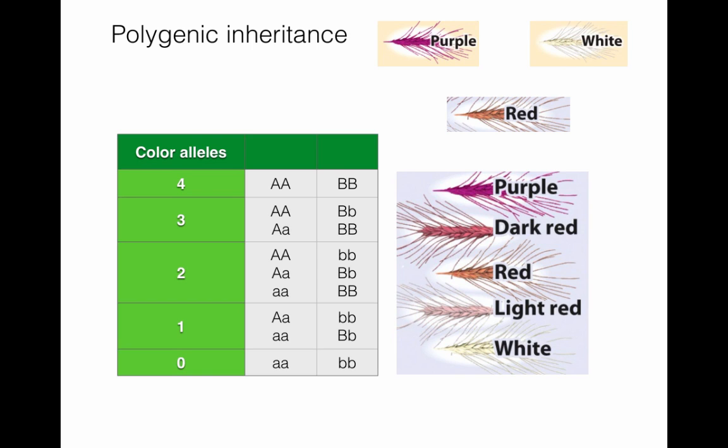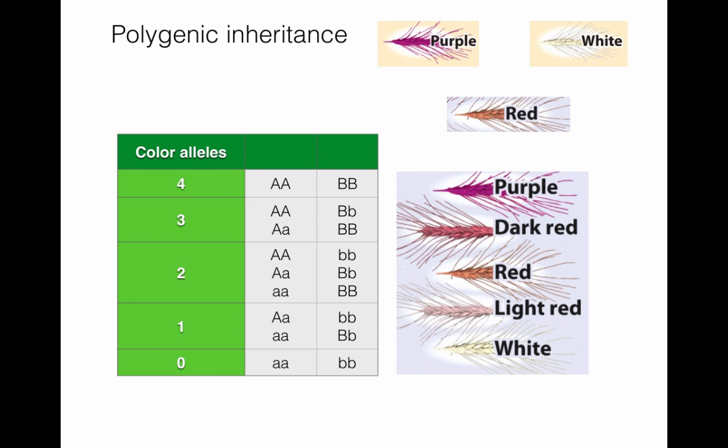Now, getting back to inheritance of traits, it was obvious very early on in the analysis of genetics, that is in the early 1900s, that many traits were polygenic. What does it mean? It means that they derived from the genotype of multiple loci.